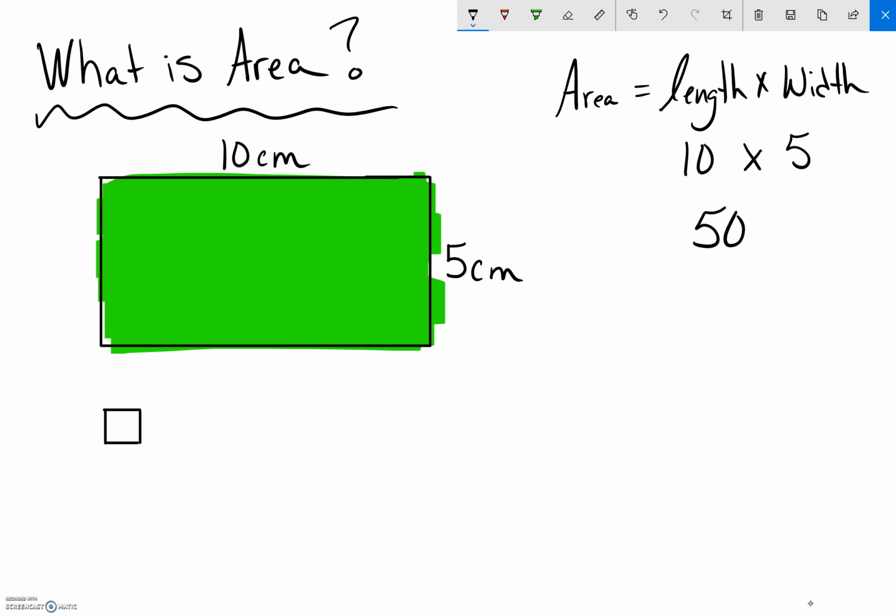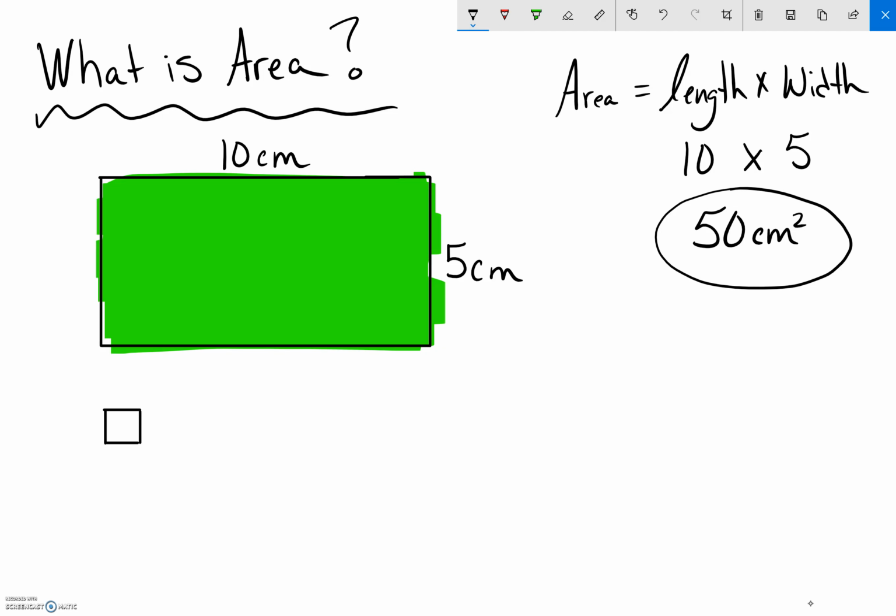And so some of my 7th graders will say 50. 50 is the answer. Some will say 50 centimeters, and neither one of those is correct. The answer is 50 square centimeters. So we need centimeters with that power of 2 next to it. 50 square centimeters. And so why is that?